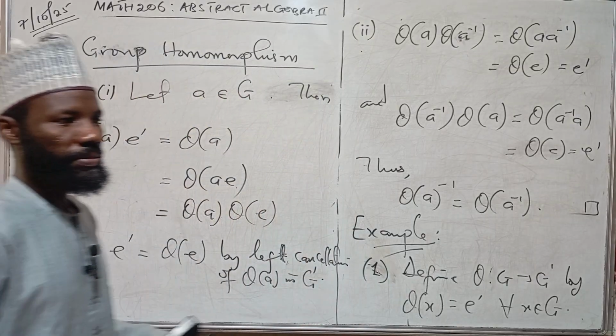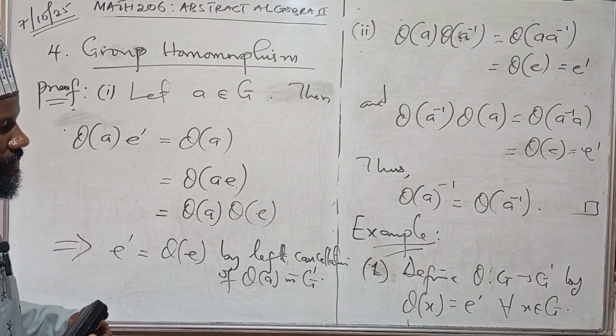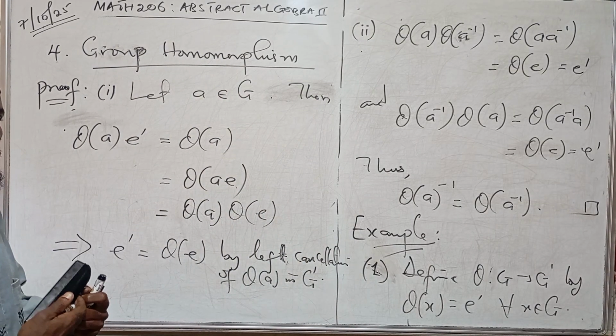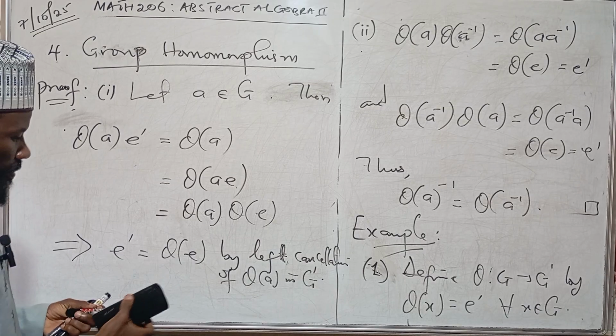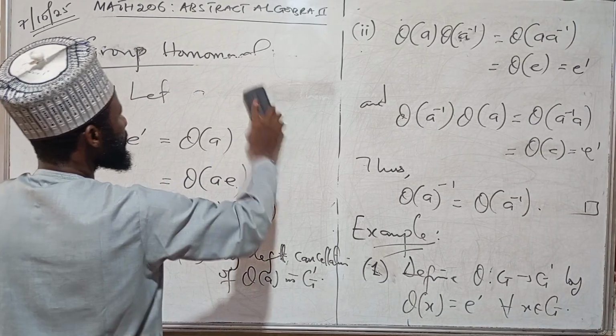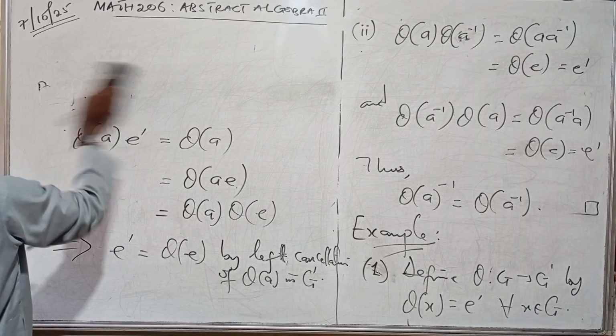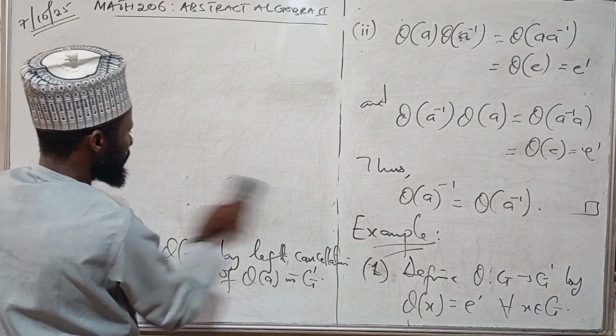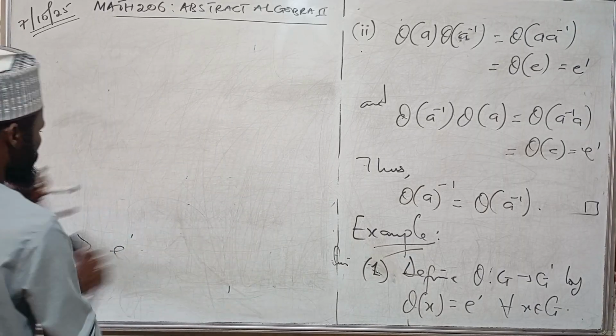This is a group homomorphism. Can you see that it is a group homomorphism? Yeah, because if you take any two points x, y in G, what will be the image of the product?